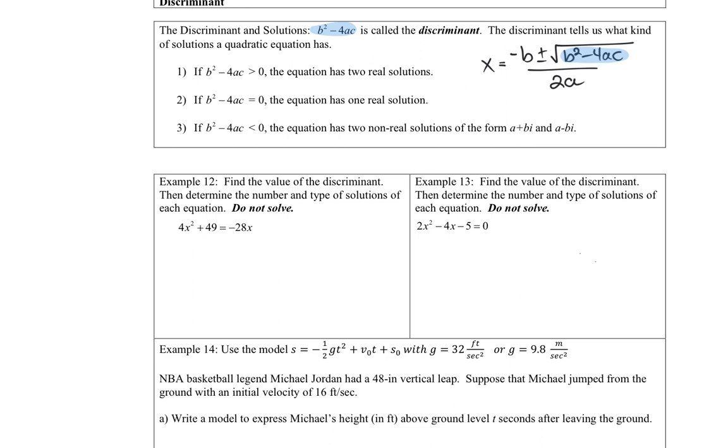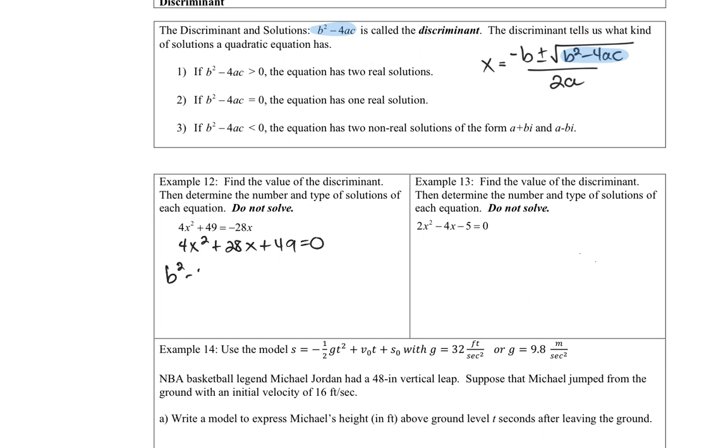Okay, so examples 12 and 13 are just asking you to evaluate the discriminant and tell what kind of solutions. So before I can do that, though, I need to put it in the right order. So 4x squared, if I move this over, it's going to be plus 28x plus 49 equals 0, right?